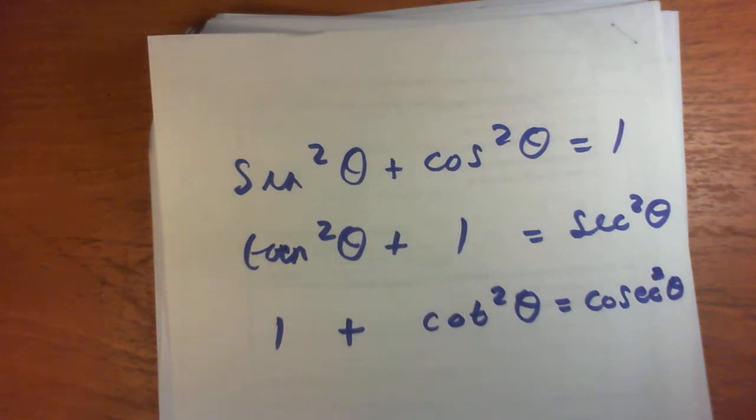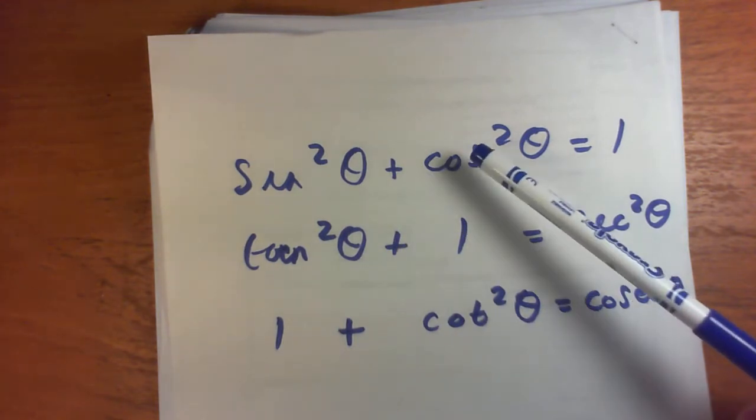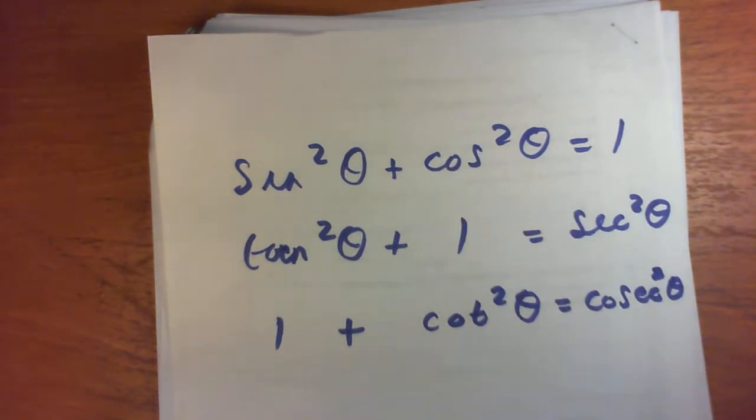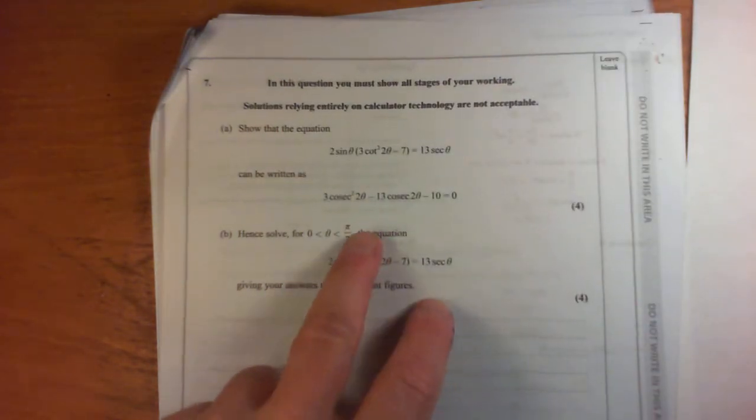That's the one I want. That's what I mean by it's very easy. You don't have to actually remember it per se. You just derive it from this very, very easy identity here. So that'll get rid of the cotangent for you, into a cosecant.